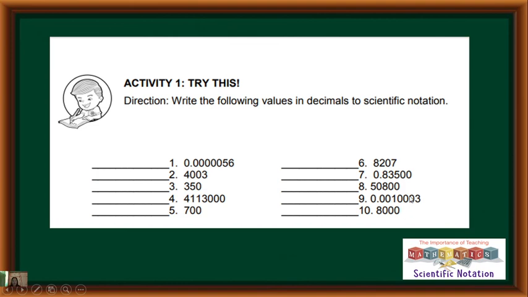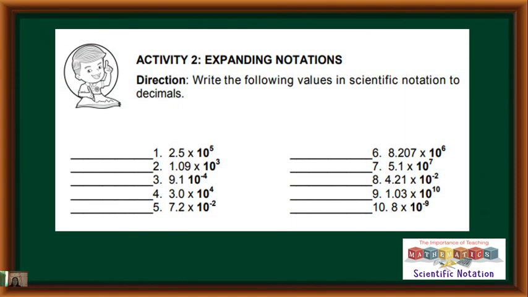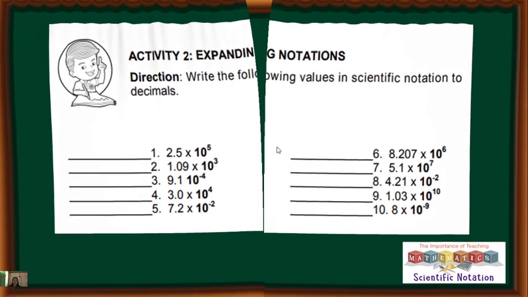We have steps to be followed, so just go over the previous slides. For activity number 2, expanding notation, write the following values from scientific notation to decimal notation.